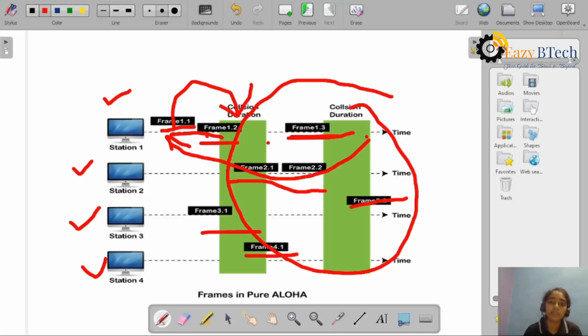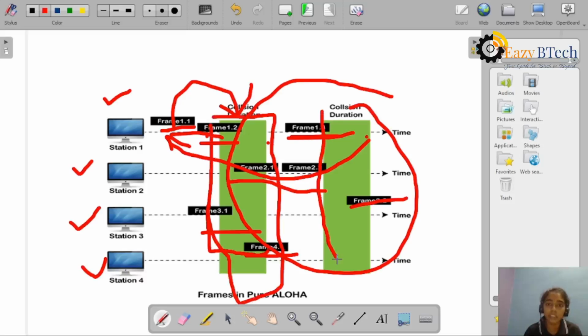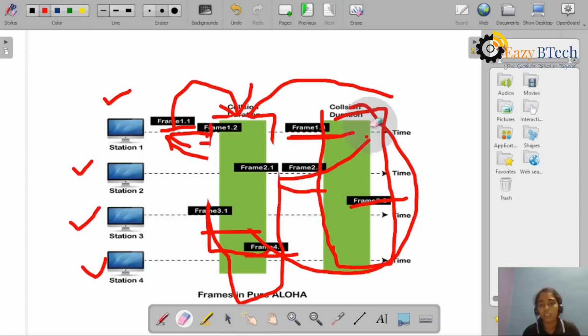See, this is only one channel. See this collision duration. So frames 1.2 and 2.1 will collide, I think.